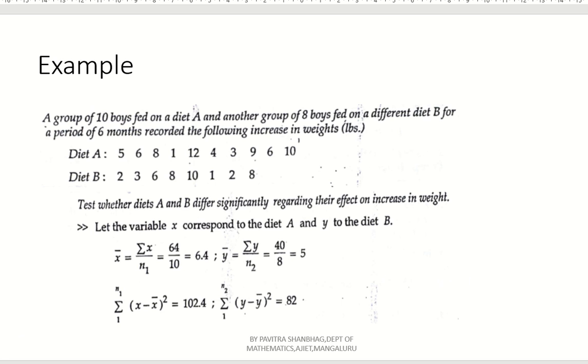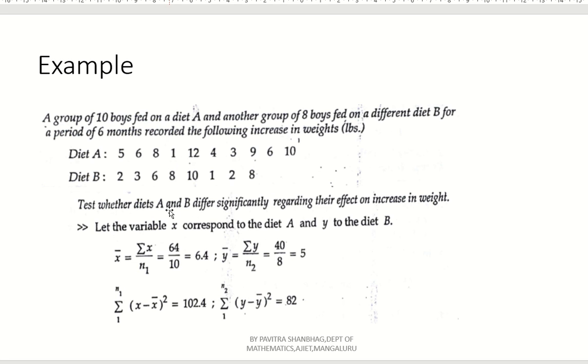Now, again here, a group of 10 boys fed on a diet A and another group of 8 boys fed on a different diet B for a period of 6 months recorded the following increase in weights. Diet A they have given like this, diet B given.